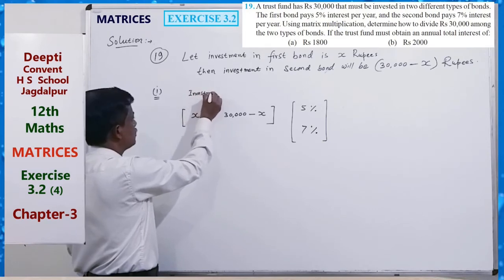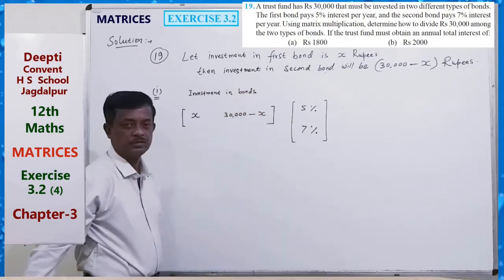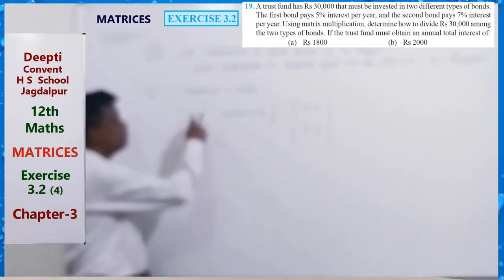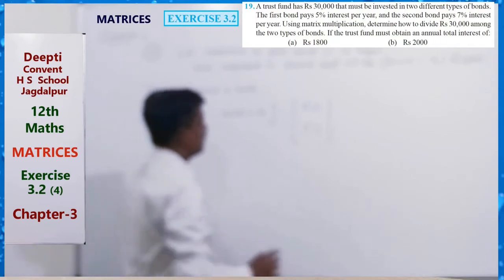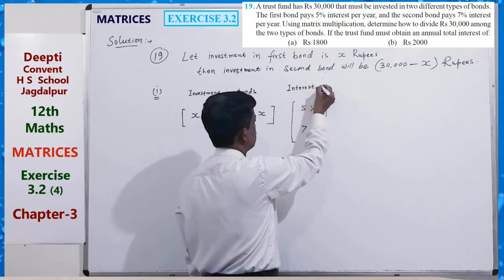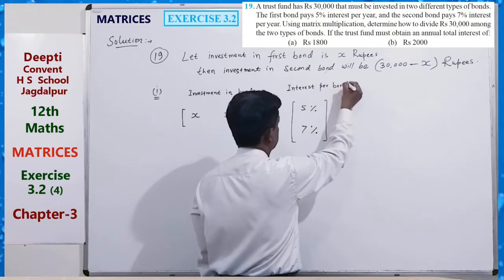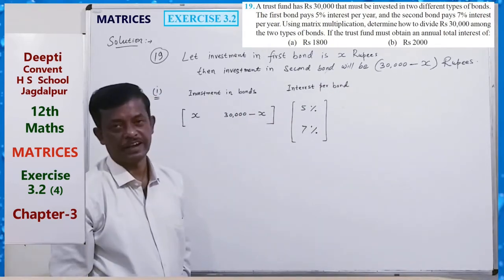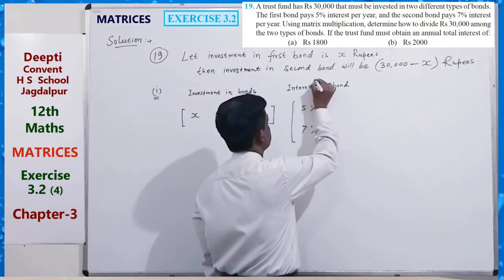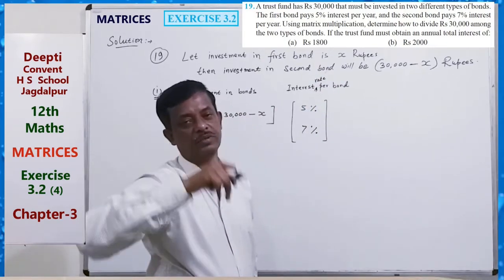These are the investments in the row matrix, and the annual interest rate per bond in the column matrix.